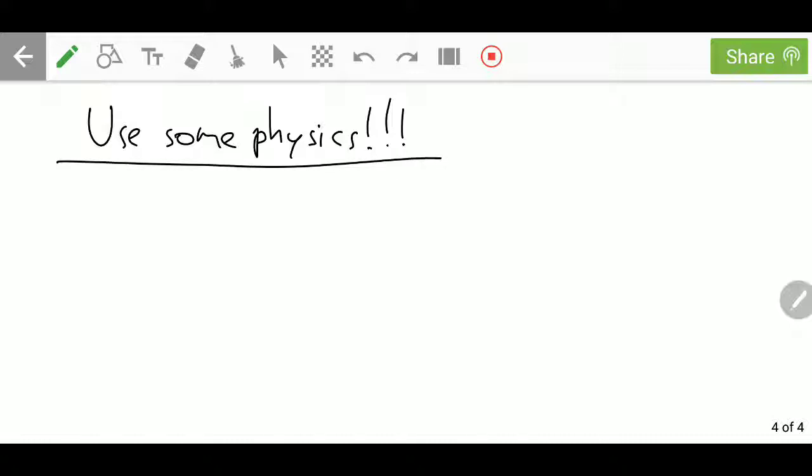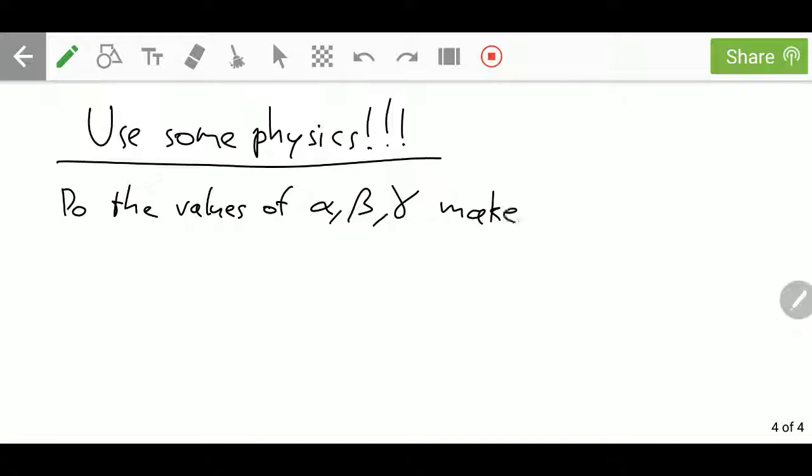It's often in dimensional analysis problems, yes, it basically just becomes a linear system and you don't have to think that much about the physics, but even in those cases, it's still good to use physics as a sanity check when possible. So we should ask, do the values of alpha, beta, gamma make sense?